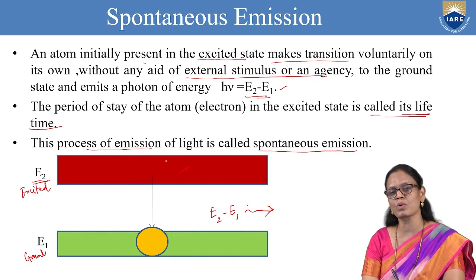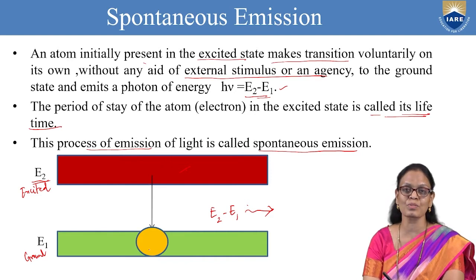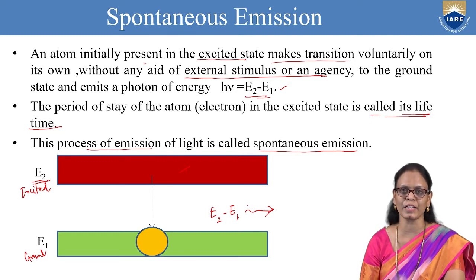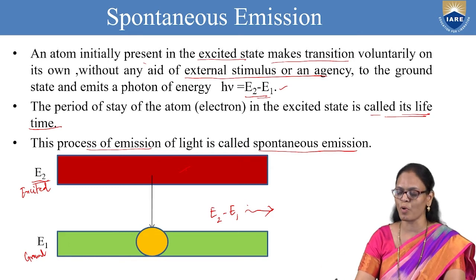Once the lifetime is over, the atom has to make a transition to the ground state. So it comes to the ground state by emitting the energy, the difference in energy E2 minus E1, and we call it spontaneous emission.